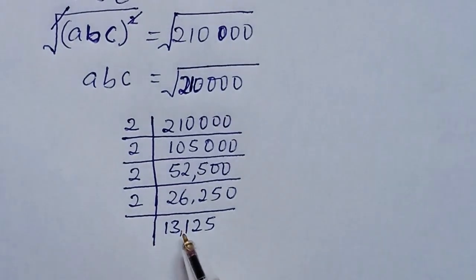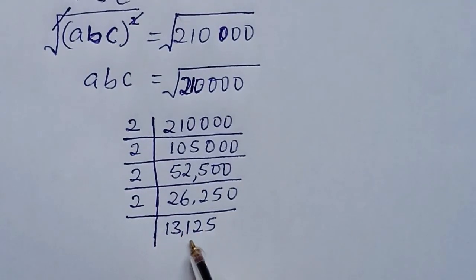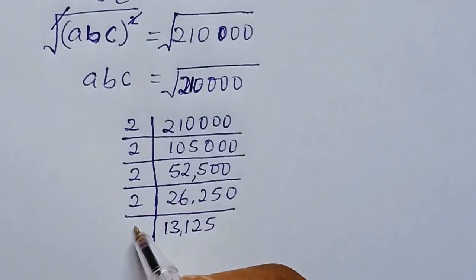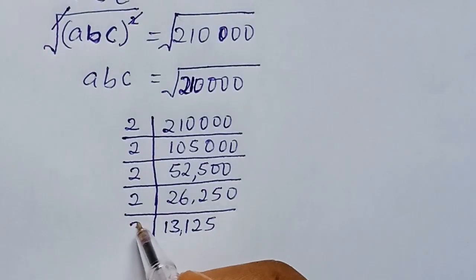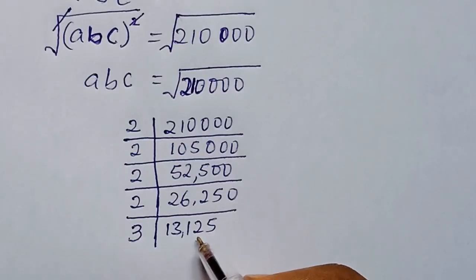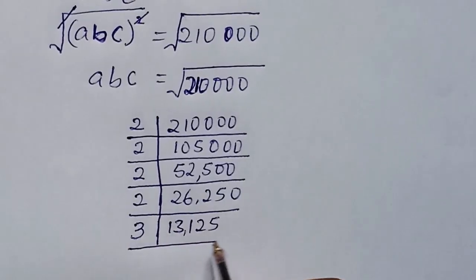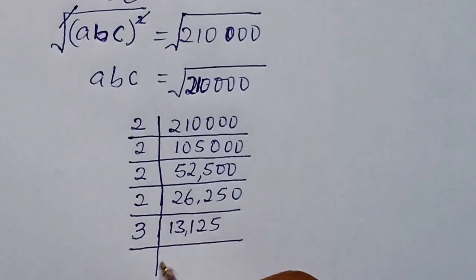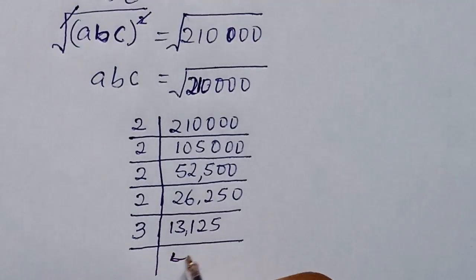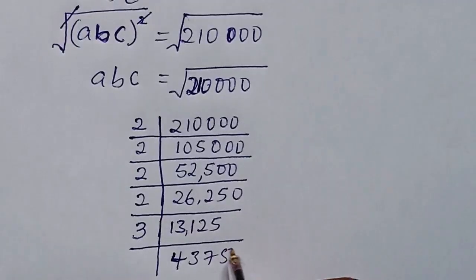Now 2 is not possible to divide this, otherwise we are going to get a remainder, and we want to avoid that. So I'll consider the next prime factor. Dividing 13,125 by 3, I'll get 4,375.